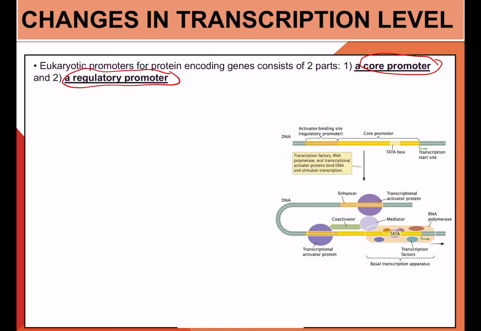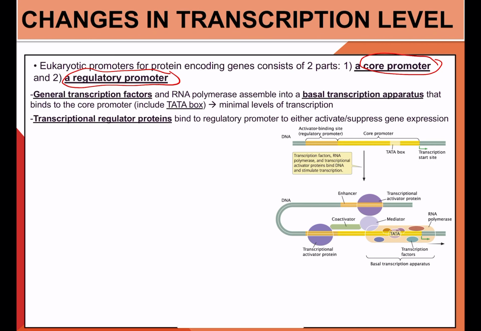Those proteins that bind to the core promoter are called general transcription factors. They bind to the core promoter region, including something called the TATA box. We didn't talk about this when we were in that chapter, but the TATA box is actually a critical region, of course, with the nucleotide sequence TATA, within the core promoter.